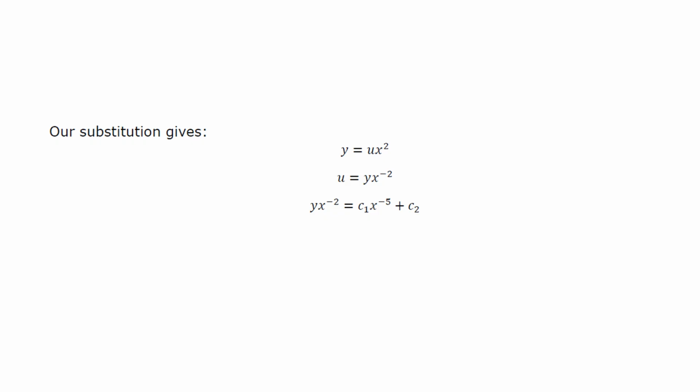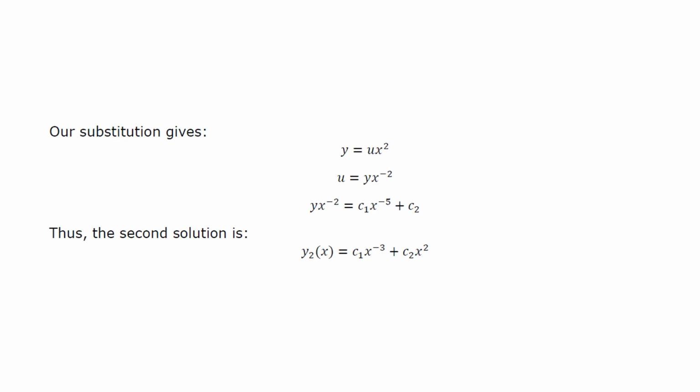Dividing each term by x to the negative 2, my second solution is now y equals c sub 1 x to the negative 3 plus c sub 2 x squared. Okay? And so that's using the reduction of order in order to find our second solution.